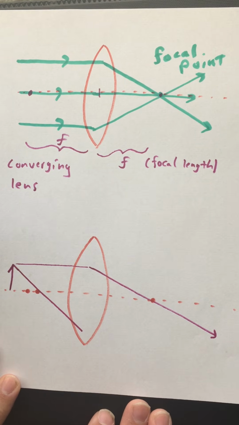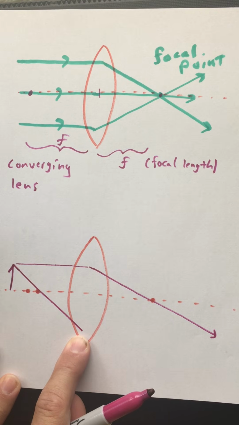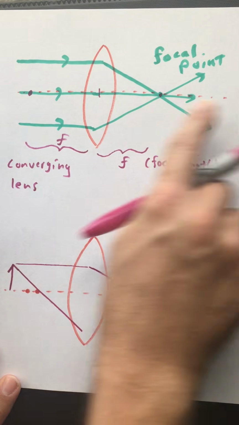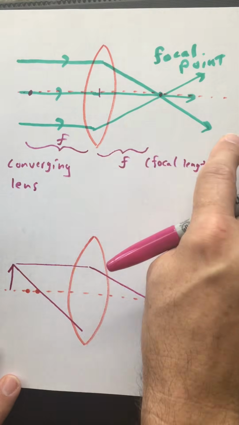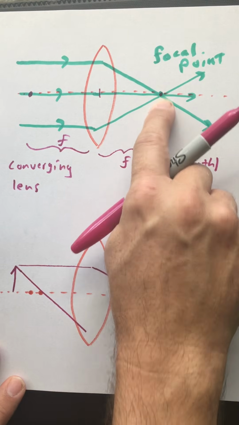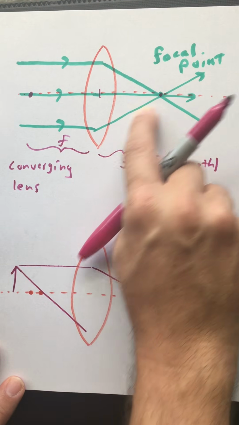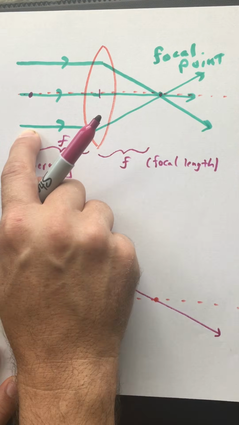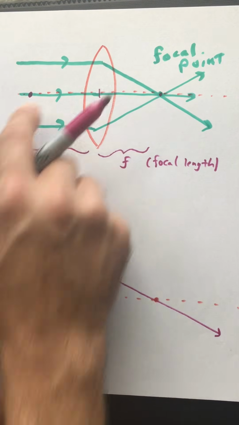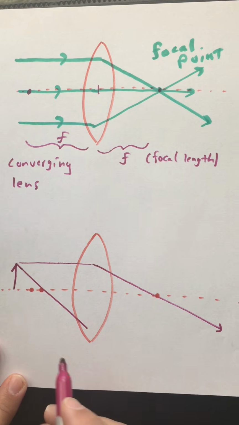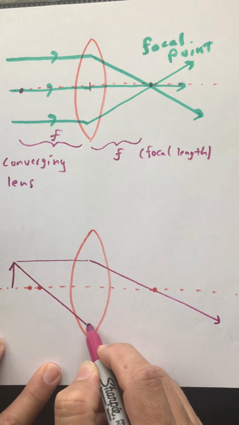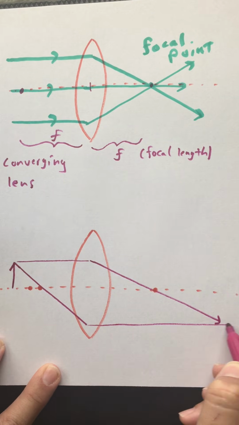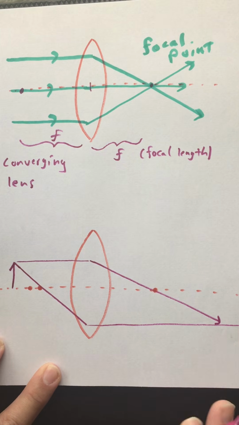Now, we actually already know what's going to happen here, because what happened over here when I flipped this around? If I look at it from this side, the light that's passing through the focal point here came from a parallel ray that is parallel to the axis. So that's going to be what happens here. This thing will actually leave the lens parallel to its axis.